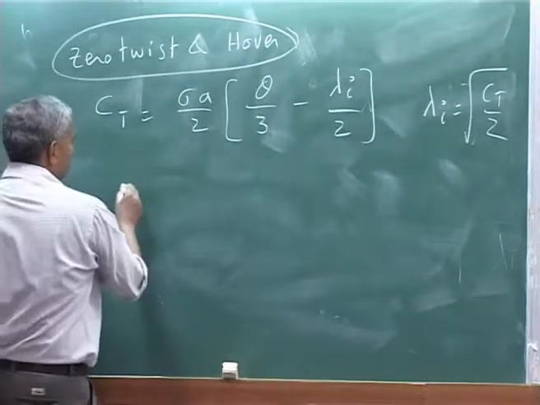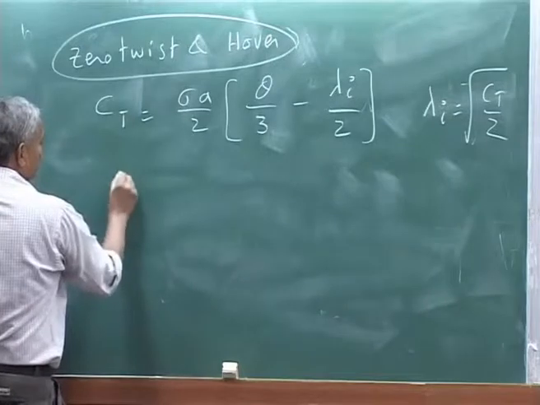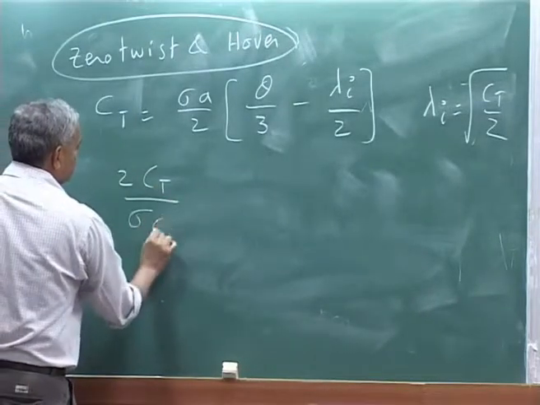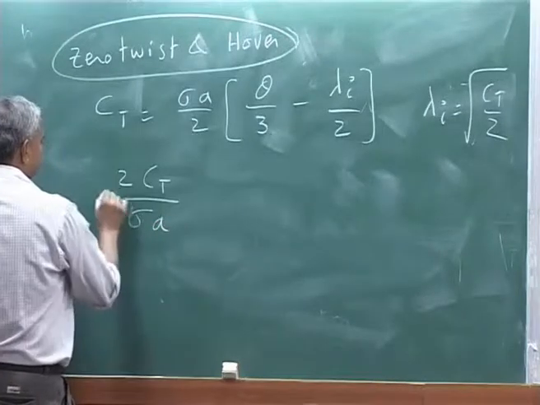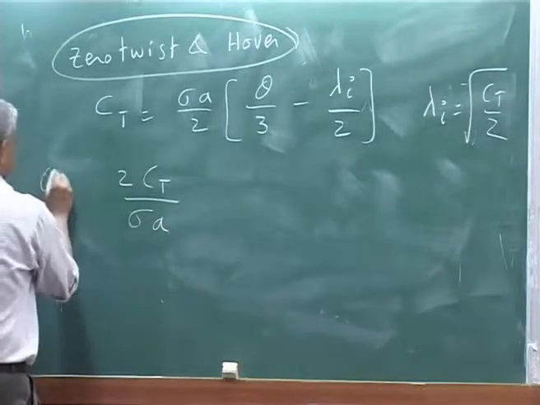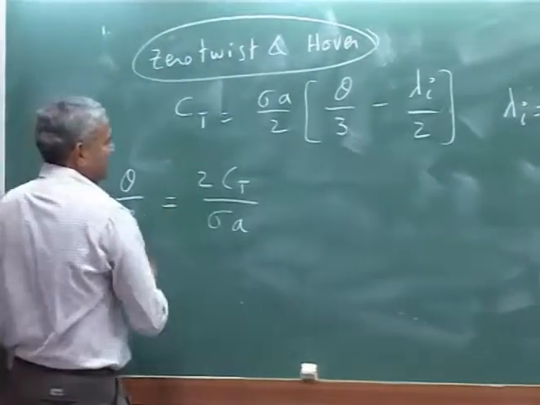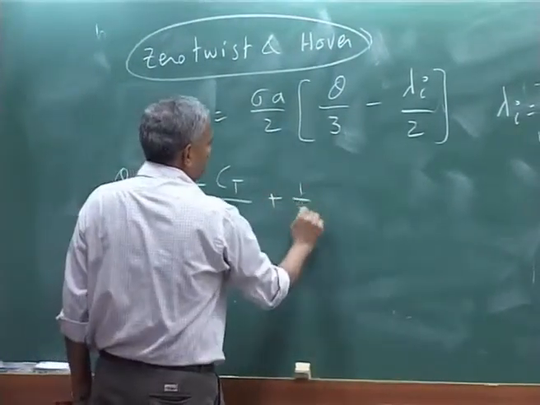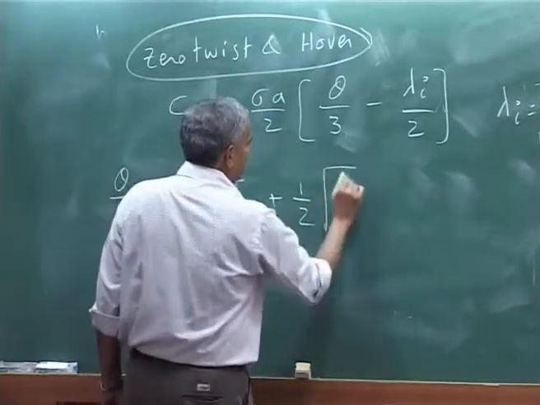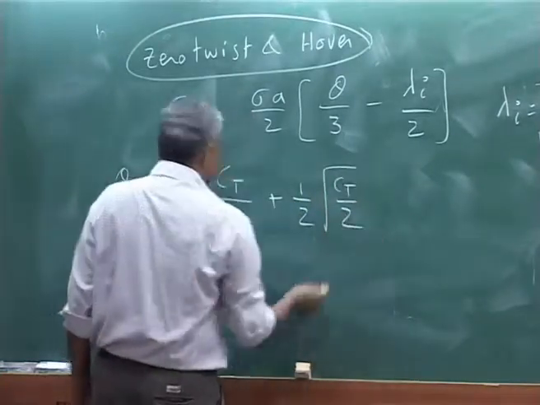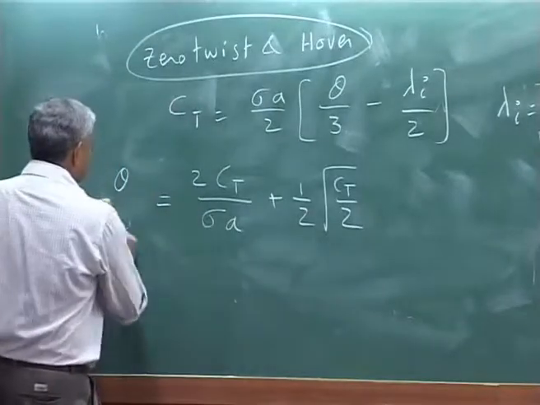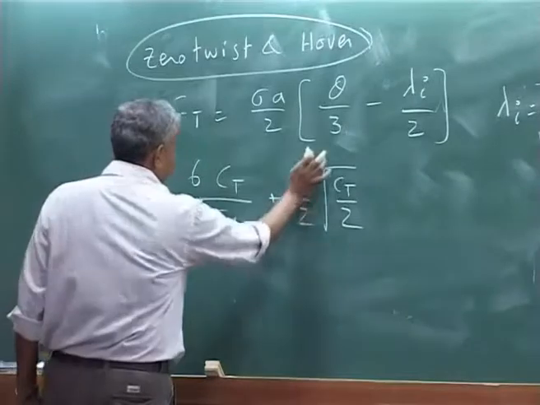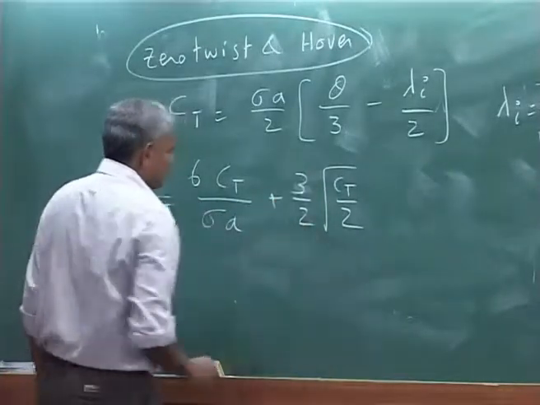If you do that, you will get what? 2 Ct over sigma A, this is theta over 3 equals, this will go here, plus 1 over 2. So, I take the 3, please understand I am taking the 3 here and put it 6.